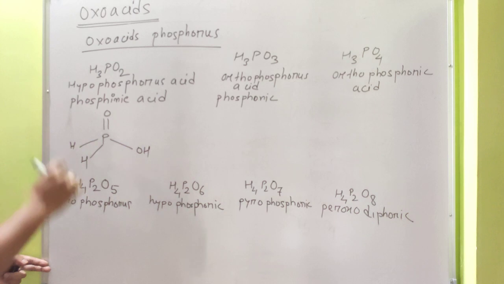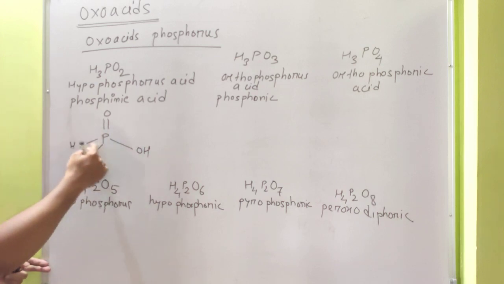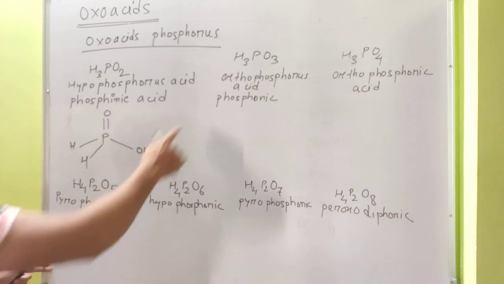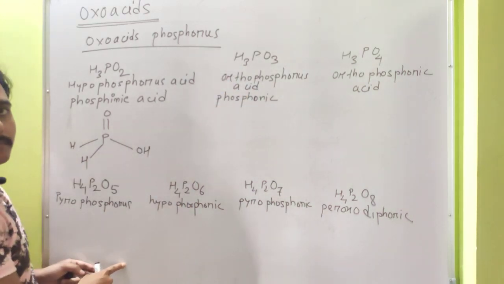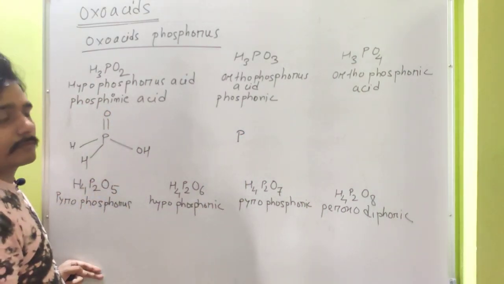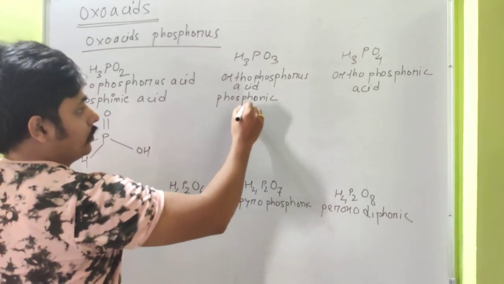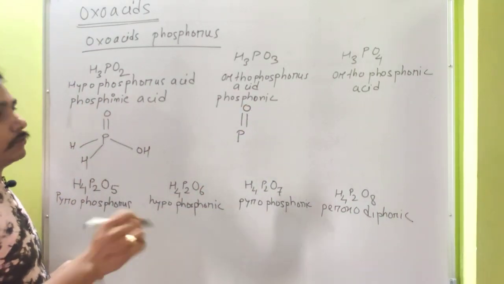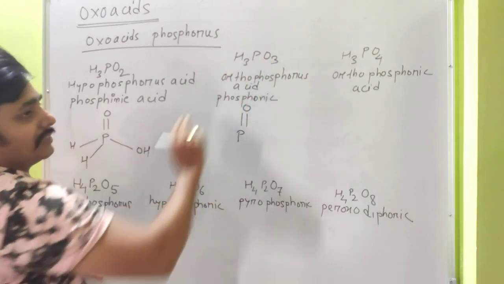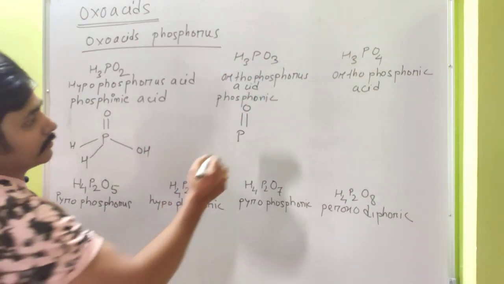All the groups you have to arrange in tetrahedral fashion, because phosphorus is tetrahedrally arranged in oxoacids. In the case of H3PO3, phosphorus, one double bonded oxygen. Next, look at the number of oxygens left. 2 oxygens, so 2 OH bonds.